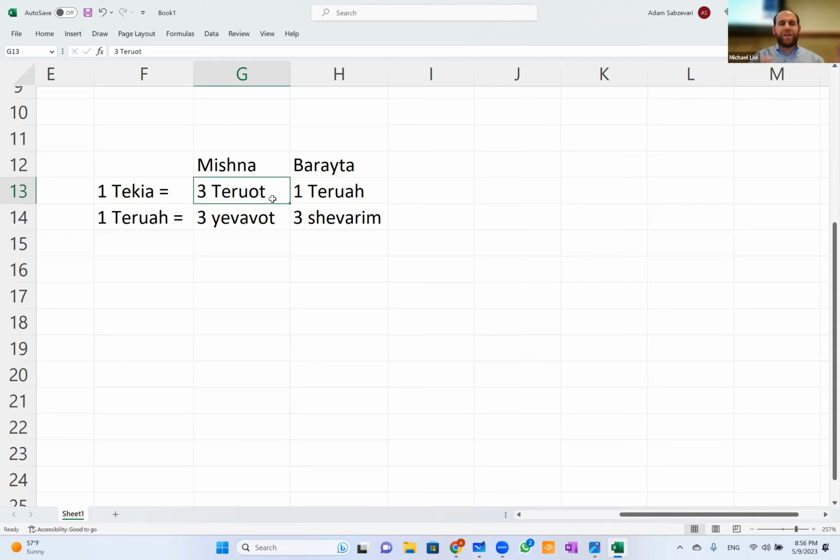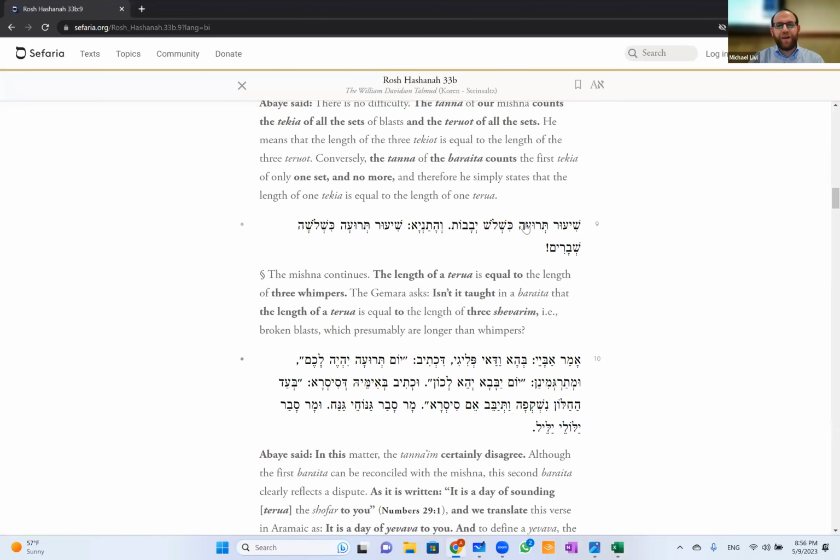That's how he wants to say it. So we see they're saying the same thing. But the second line, they're clearly saying something different. Because the Mishnah says a Teruah is equal to 3 Yevavot, which is tiny, whereas the Braita says 1 Teruah is equal to 3 Shevarim, which is intermediate. So does the Gemara define the length of the Shevarim in Yevavot? No, the Gemara has not defined it yet.